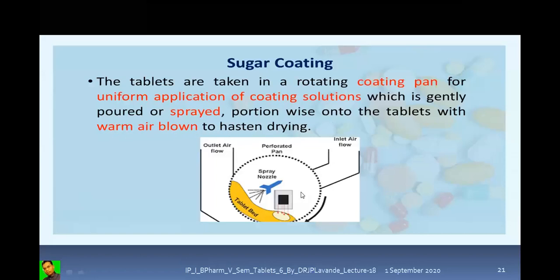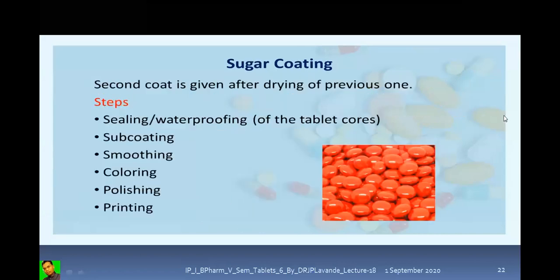From here, the air is blown in order to dry these coatings, because the coating will contain an aqueous solution or sometimes volatile solvents. Sugar coating consists of several steps. The second coat is given after drying the previous one. Sugar coating is not a single step process. It is a multiple step process, and several layers need to be given onto the tablets.